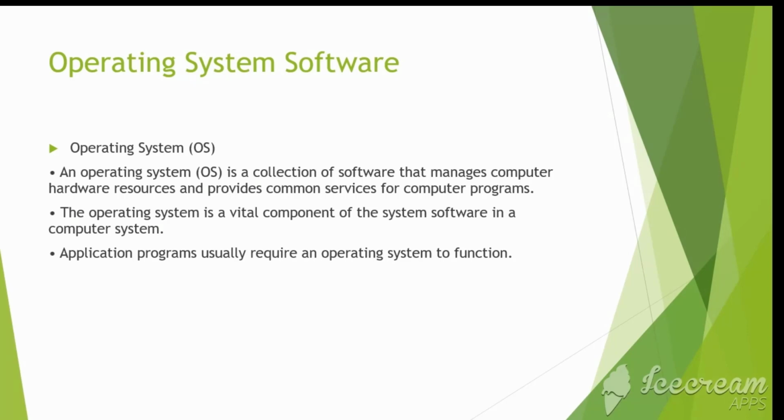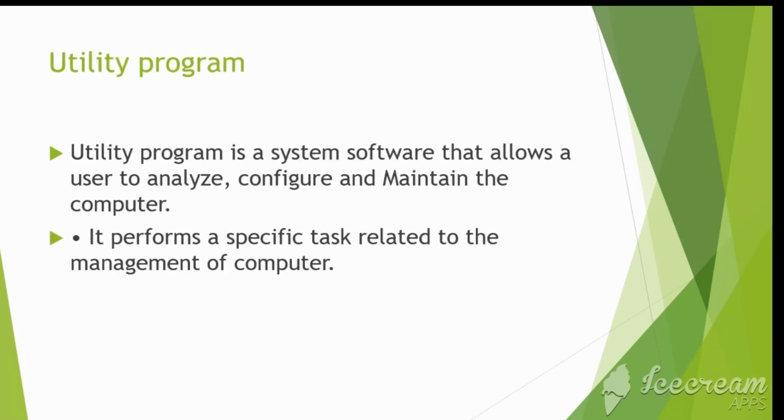Application programs usually require an operating system to function. This is the environment for the computer. It enables application programs to run smoothly on the computer. Application programs cannot run without the operating system, because it is what helps us install or uninstall these application software.